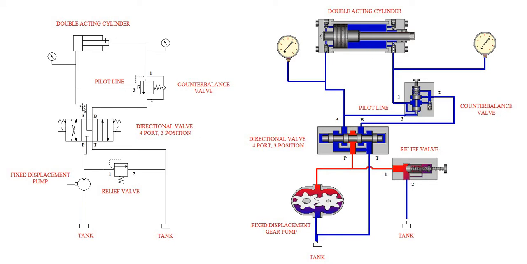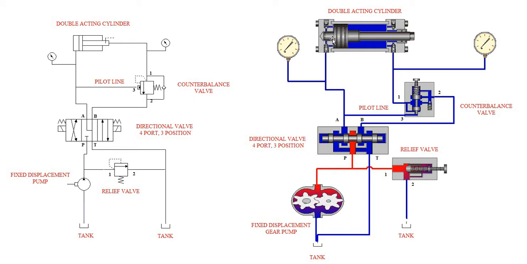Going the other way, it's a little more complicated. If this cylinder is trying to extend and flow is coming out of the rod end, what happens? Well, if it comes into port 1, it can't go around that same check valve to port 2 because it's blocked. It'll seat that check right there. So it has to work over this counterbalance valve. And for that to happen, it needs to have a pilot signal at port 3. Okay?